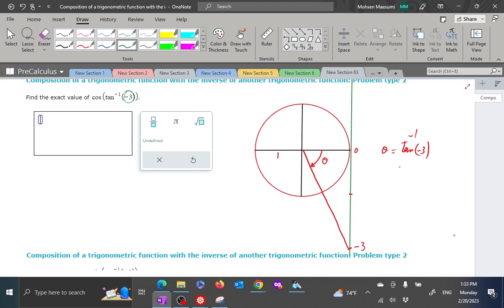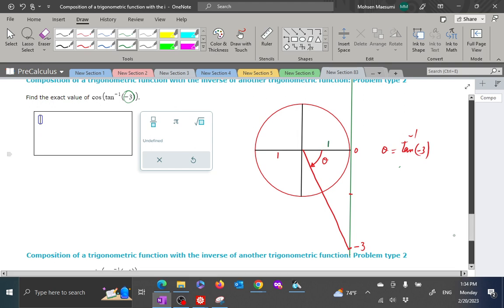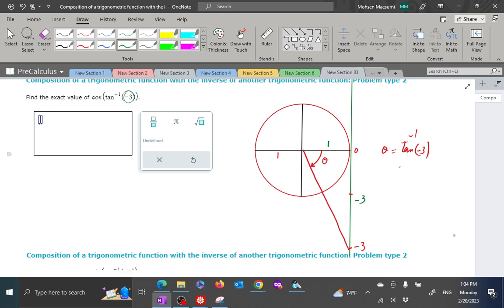Okay, now what do we want? We want cosine. In this picture, all of my numbers are whole numbers. I don't need to blow anything up. This is 1, this is -3. So my radius becomes the square root of 1 squared plus -3 squared. That's radical 10. Well, what's cosine of theta?